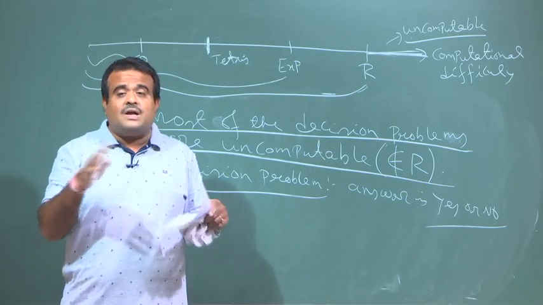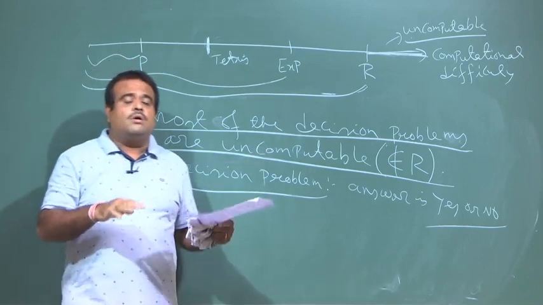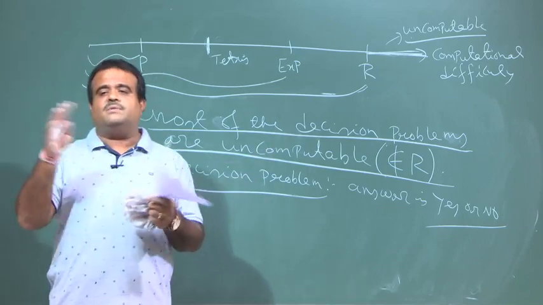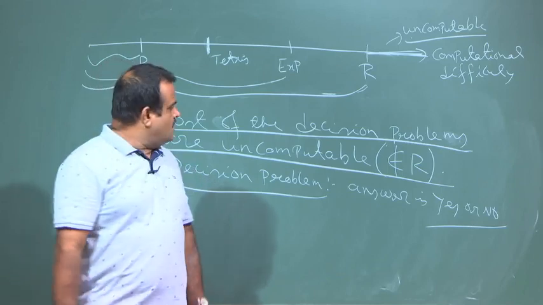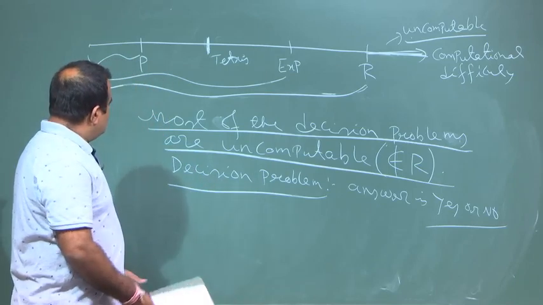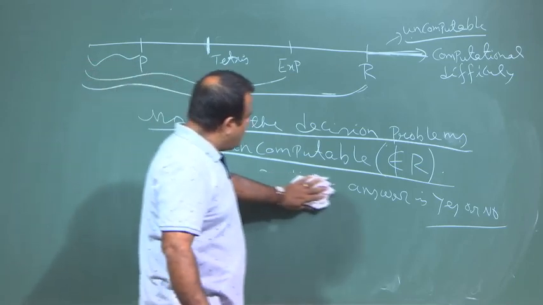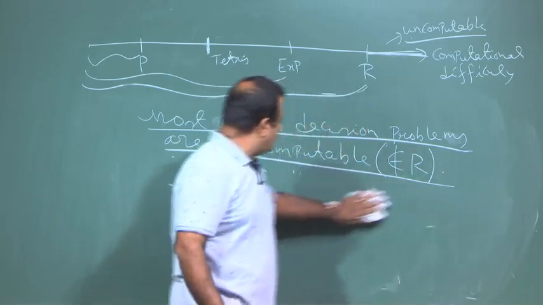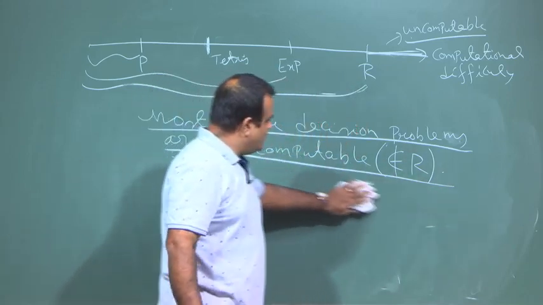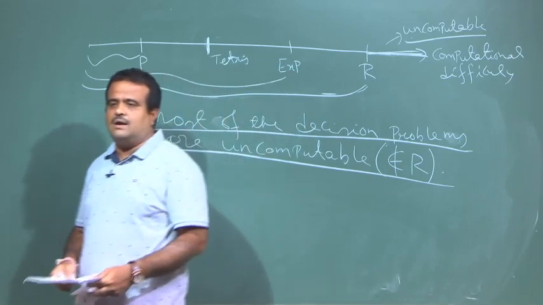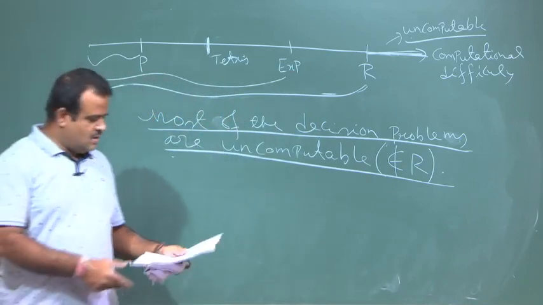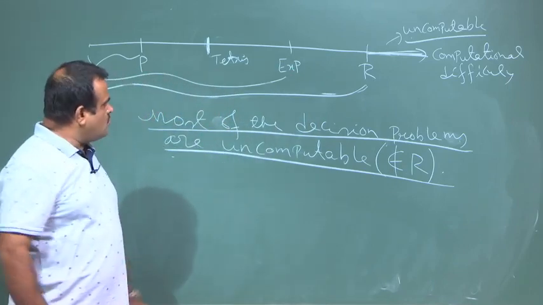These are all decision problems. Most problems have a decision version. We want to see why this is true, that almost all decision problems do not belong to R. So why is it true?